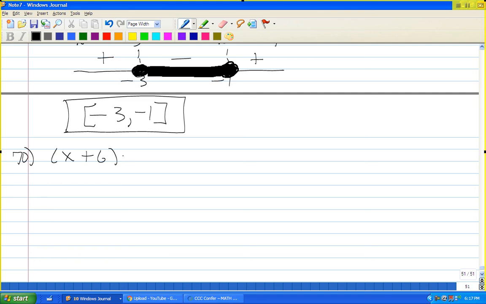X plus 6, x plus 3, x minus 1, greater than 0. This is in factored standard form, so I can determine the critical numbers. So now let us determine the critical numbers.